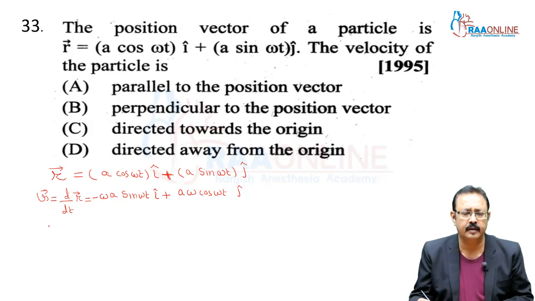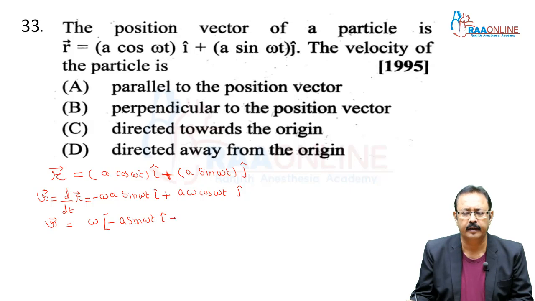V is, taking omega common, minus A sin omega t plus A cos omega t.